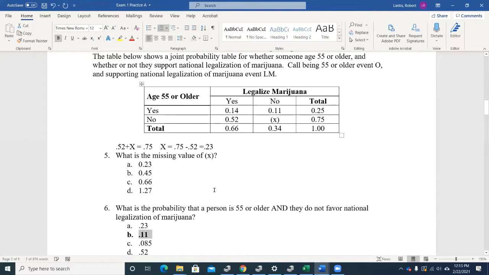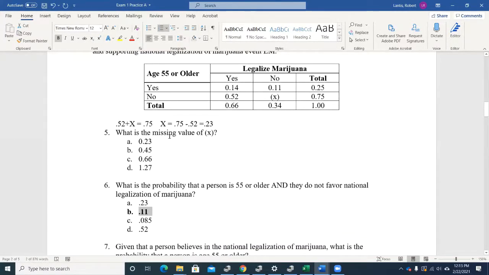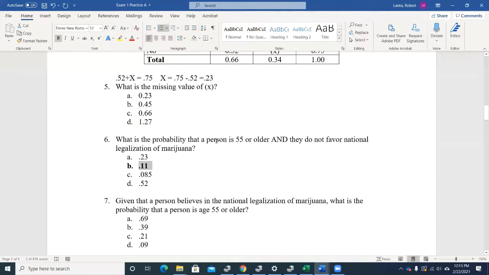There's no real work to do there other than being able to interpret that and use that contingency table to find that intersection. So hopefully those are some easier points on the exam. Now we'll get to some a little bit more difficult things. Given that a person wants the legalization of marijuana, what's the probability they are 55 or older?